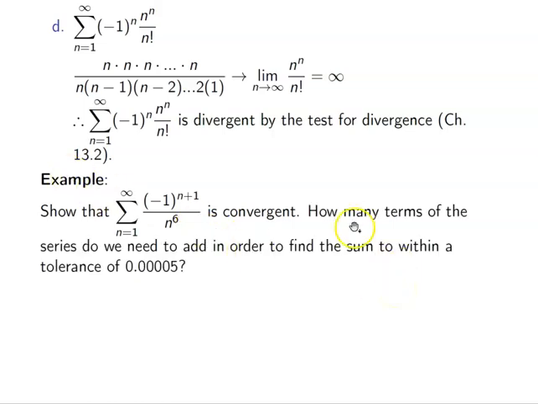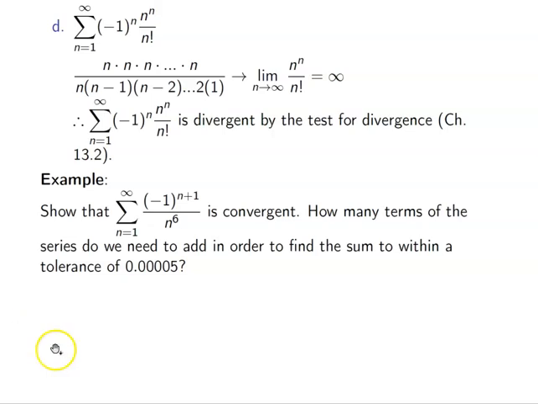Besides showing that it's convergent, which we can do by inspection, we want to know how many terms of the series we need to add together in order to find the sum to within a tolerance of 0.00005, right? So this is tenths, hundredths, thousandths, hundred thousandths, basically.